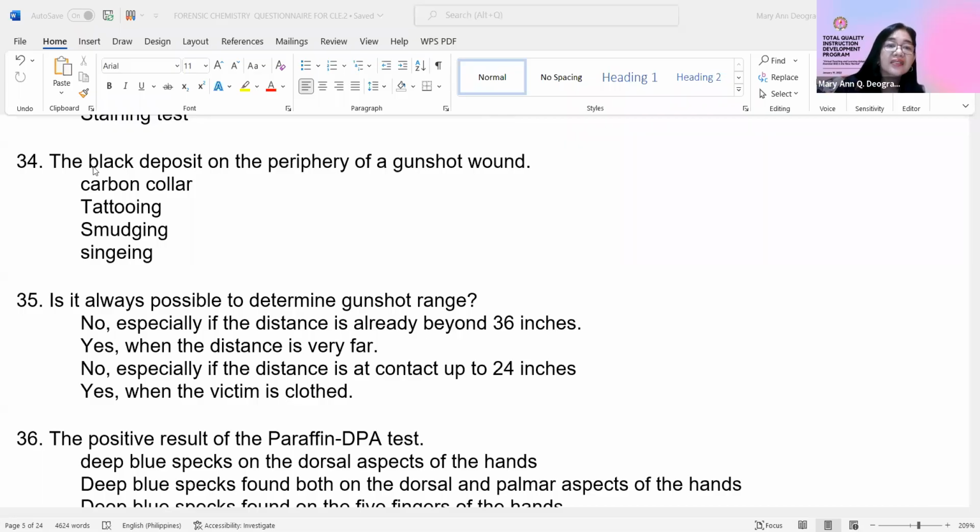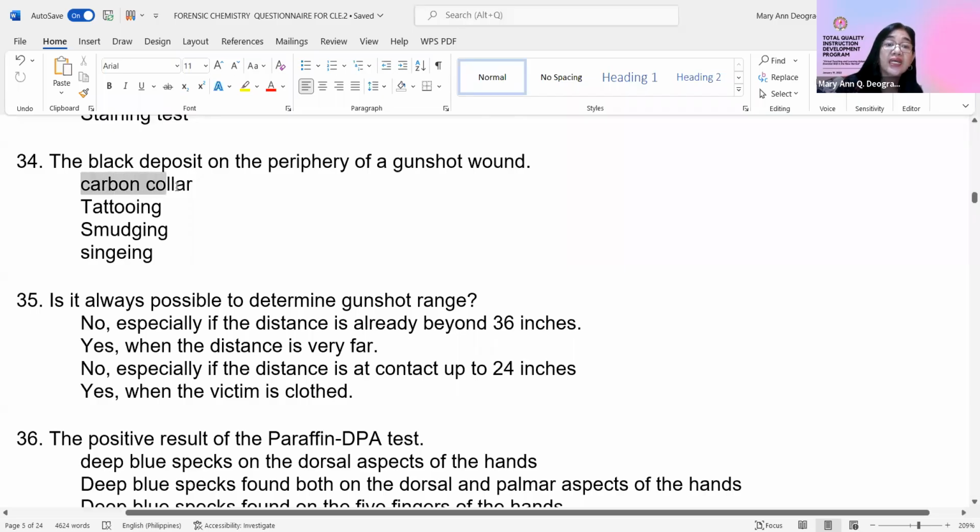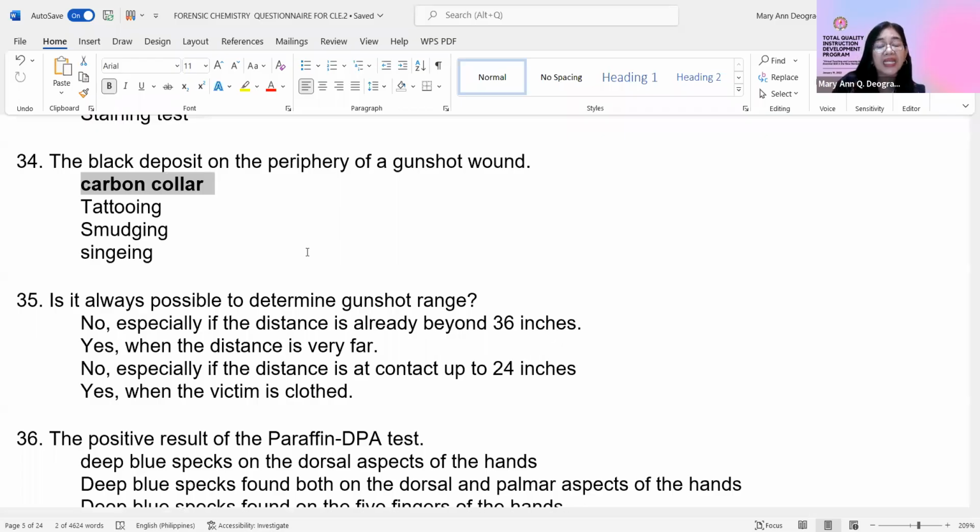Ang singeing is burning. Okay. Pag sinabing black deposit, so ang keyword niyan, black deposit. So yung namang smudging, blackening of area, ang keyword nyo doon.